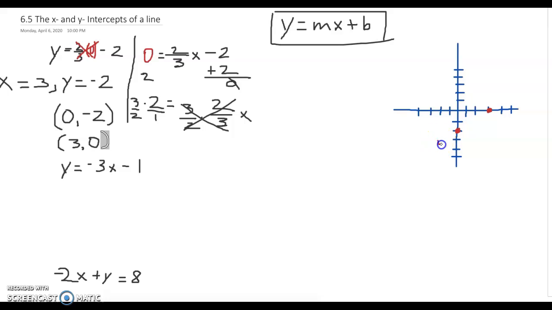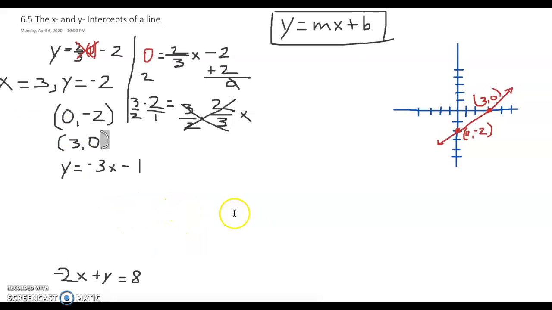And as I attempt to draw a straight line here, this is our line. This right here will represent 0 and negative 2. And this right here represents 3, comma, 0. And that's how we plot our points.